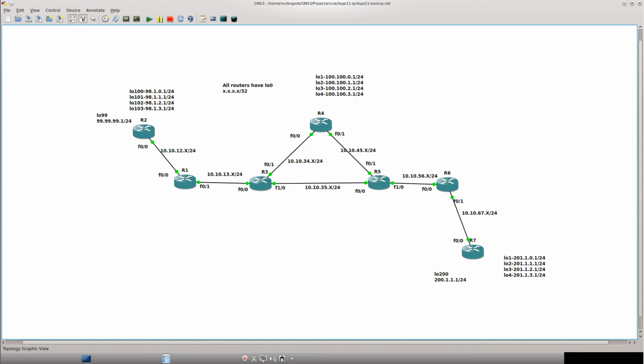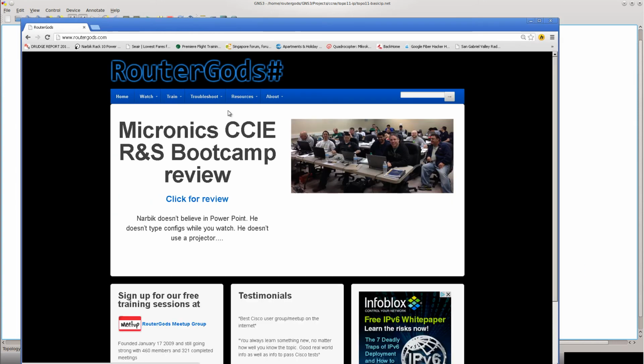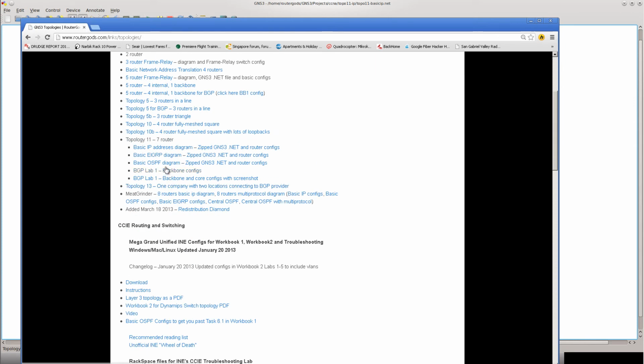So most likely what you did is this. You went to resources, you went to topologies. You probably did this one, basic OSPF diagram.